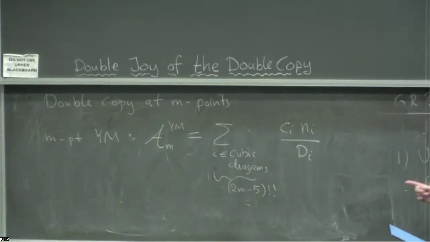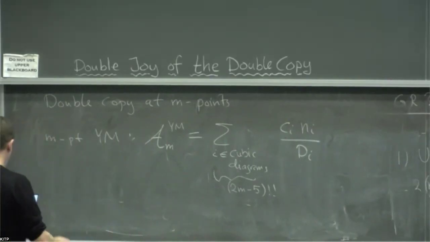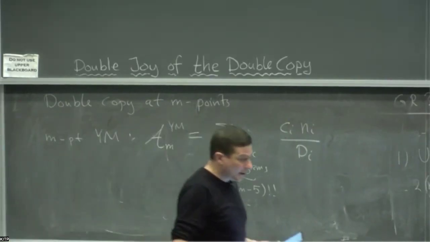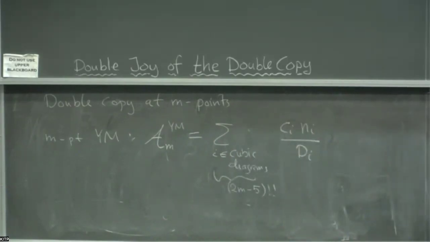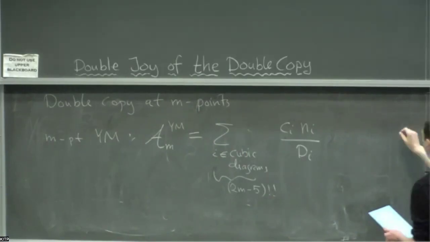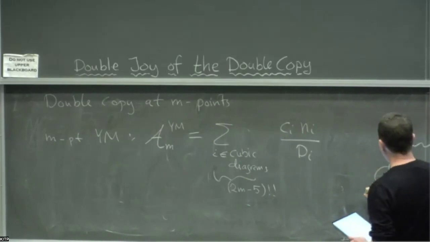Okay, good. And then you just impose the color kinematics duality, which is the same as before, but now you have to do it many more times because you have to look at each subdiagram. So you basically have your S channel as before, but now this is a subdiagram in some larger diagram.